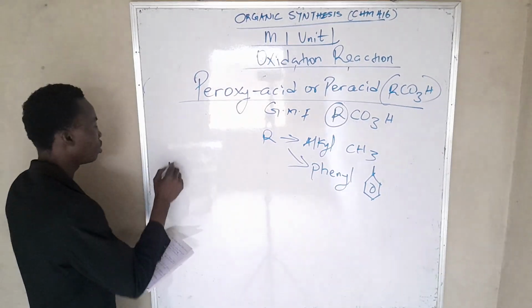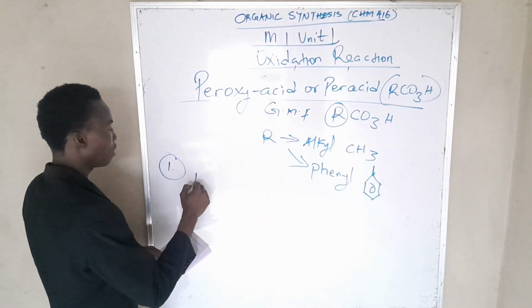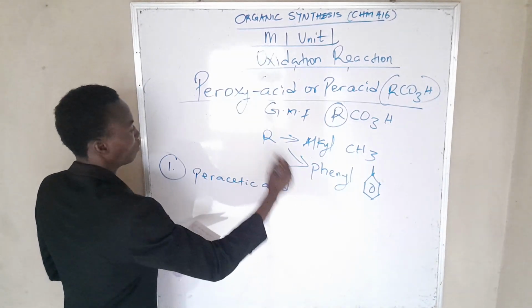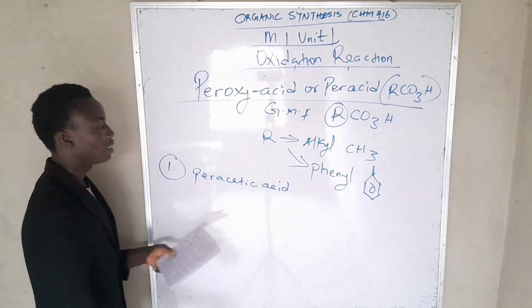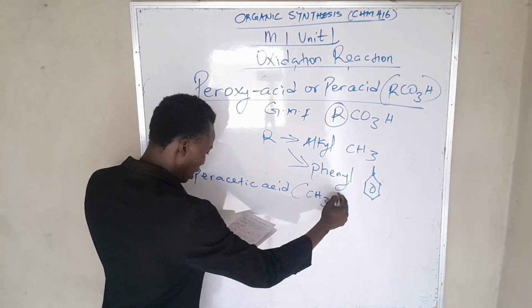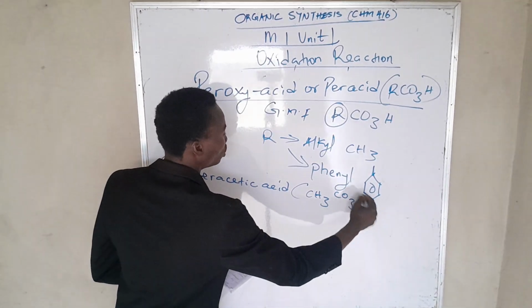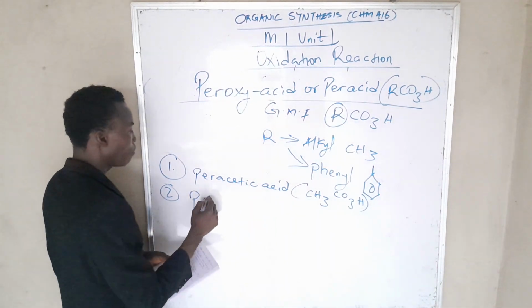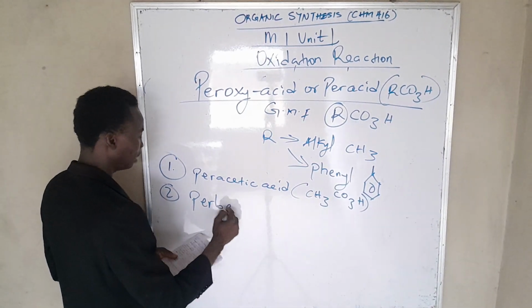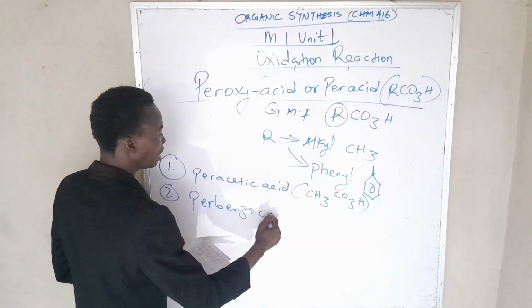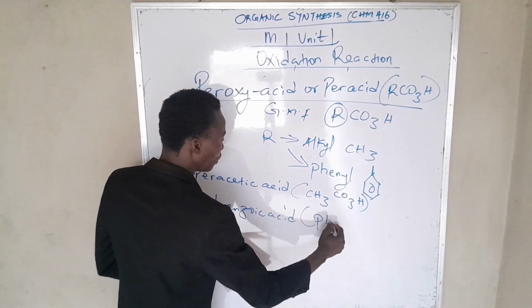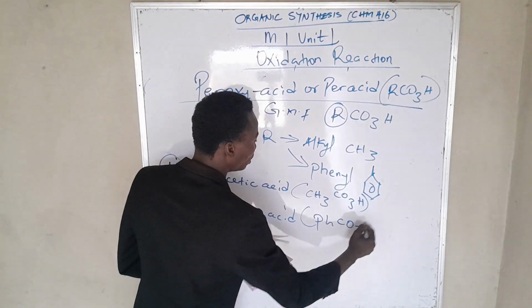So here we go. We have compounds such as peracetic acid, CH3CO3H. That's one. We also have perbenzoic acid, where we have Ph followed by CO3H.